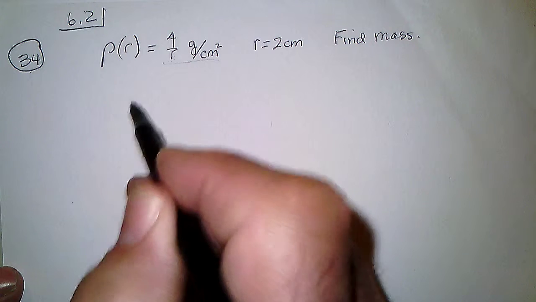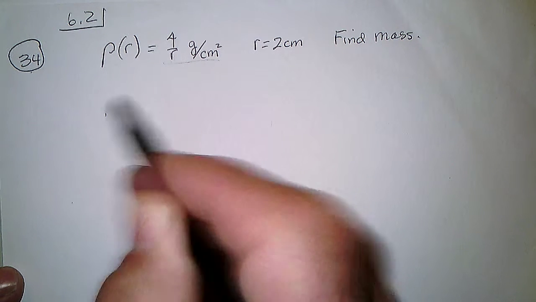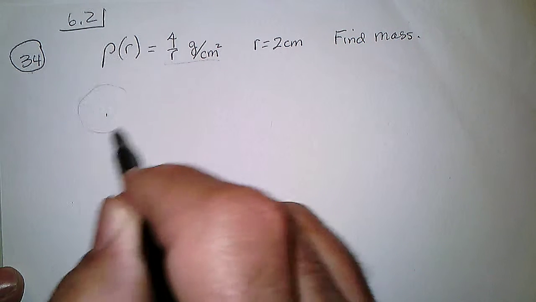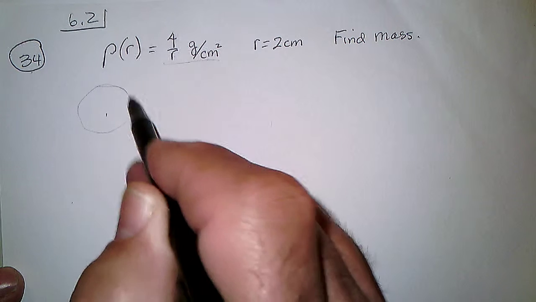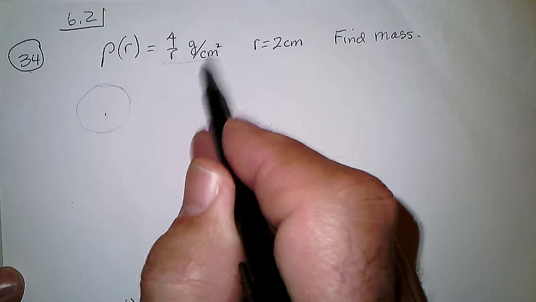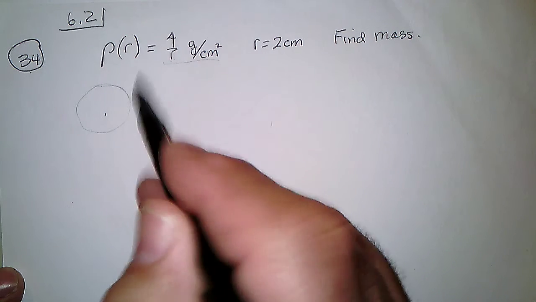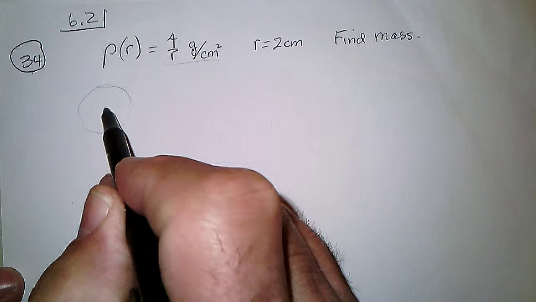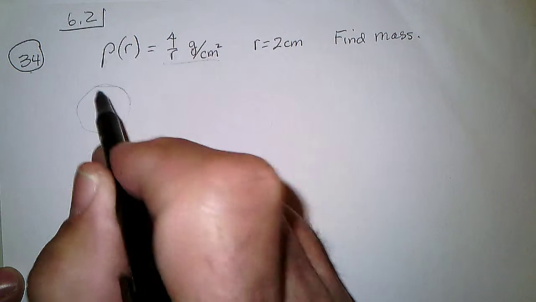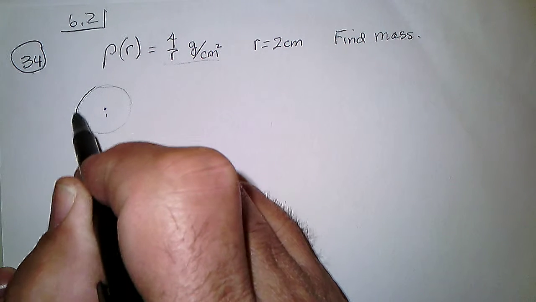Now, radial density means that if you go out some distance, the density is given in grams per square centimeter. This is mass. So we need to know the square centimeters out here.